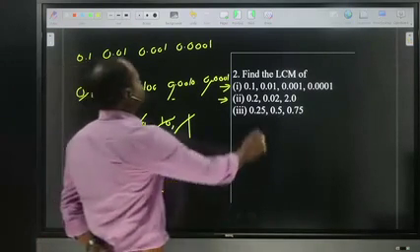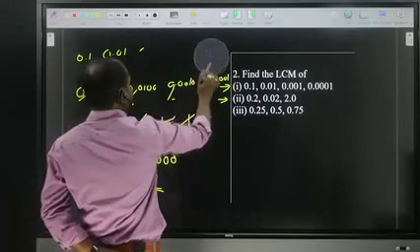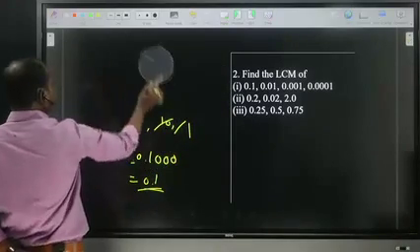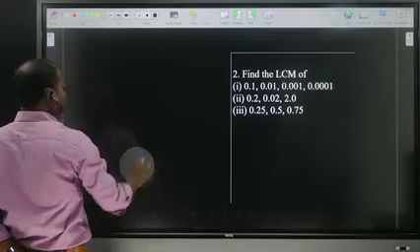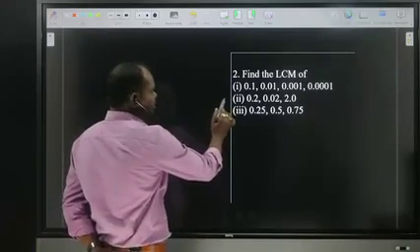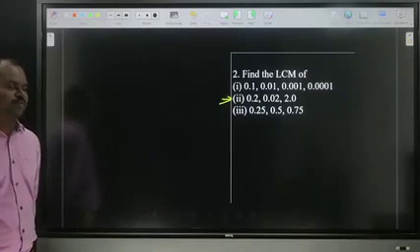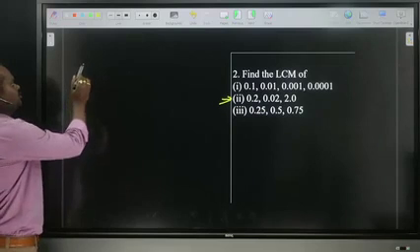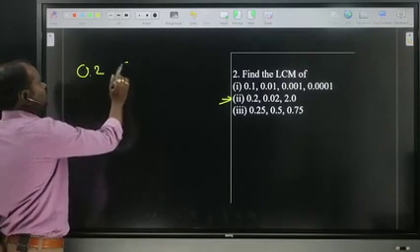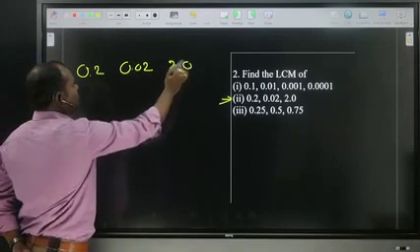Now let us see the second question. 0.2, 0.02, 2.0.